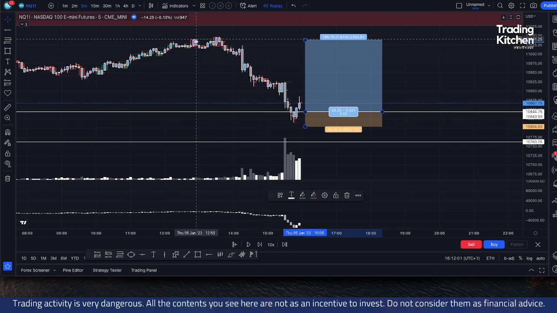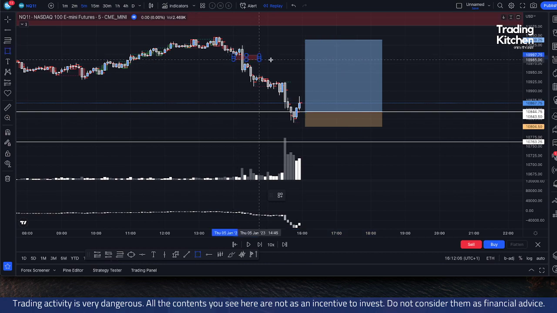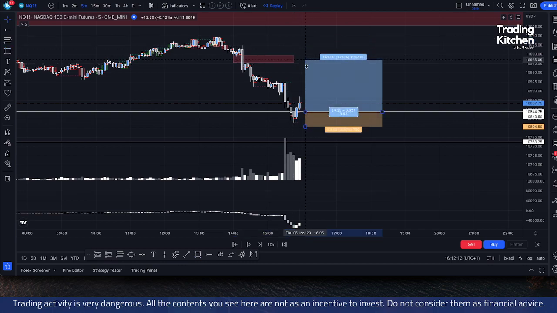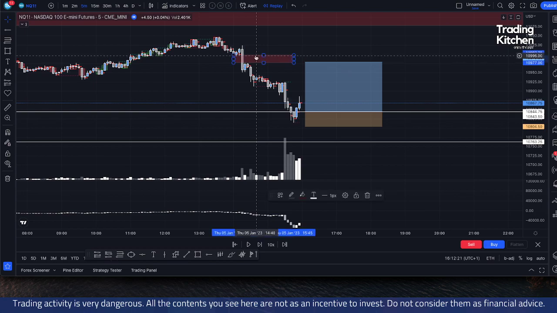Why here? Because we have the last structure here. What you have to pay attention to is this imbalance here, so probably price will react here. If you're conservative, you can use this 3.5, which is a pretty good TP.